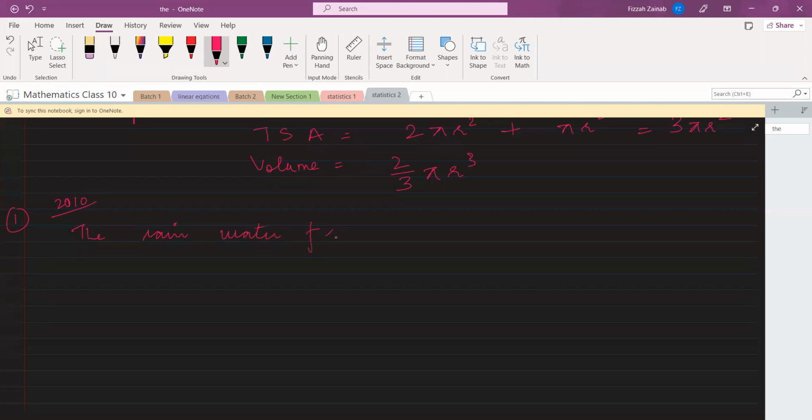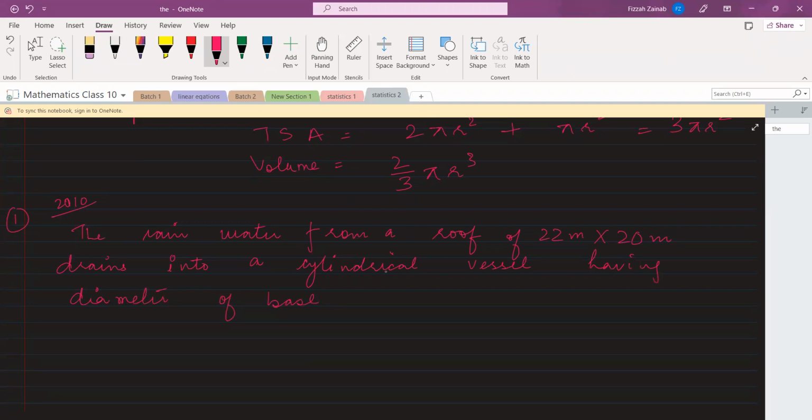The rainwater from a roof of 22 meter into 20 meter drains into a cylindrical vessel having diameter of base 2 meter and height 3.5 meter.